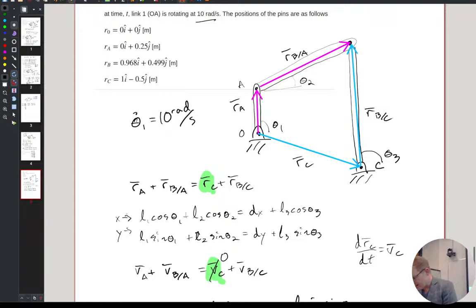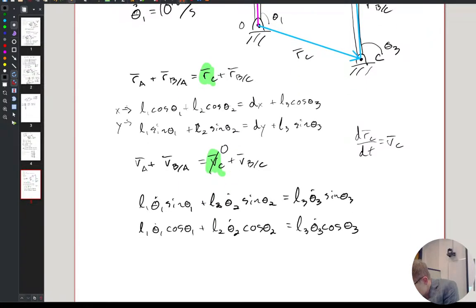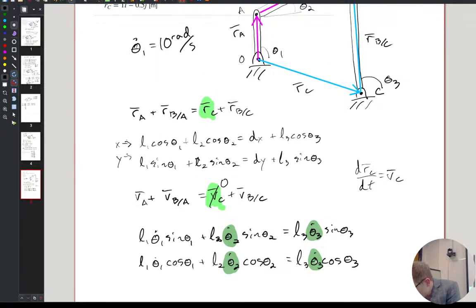The only things that should be left by the time I plug in known values are theta 2 dot and theta 3 dot. And we figured out that theta 1 was 90 degrees just based on where A is.